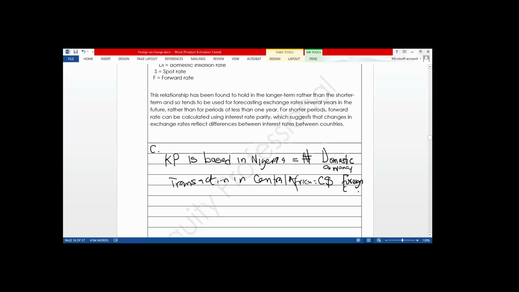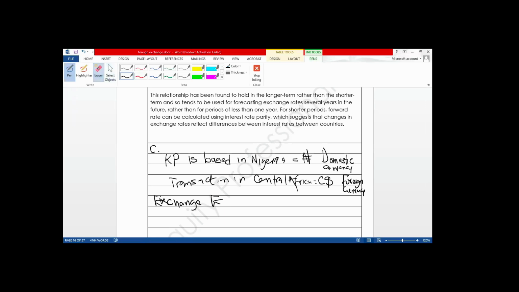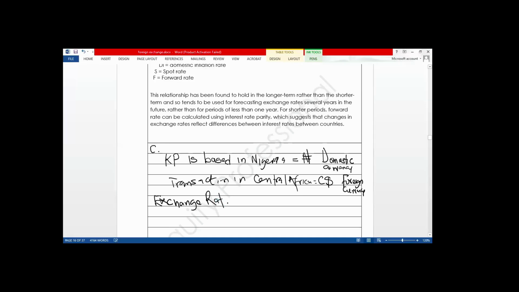Now look at the exchange rate information you are given in the question.